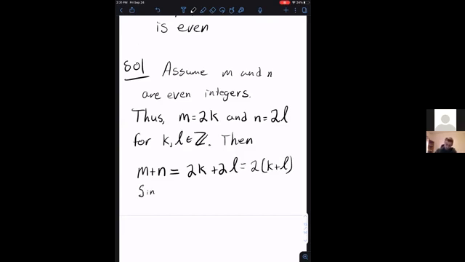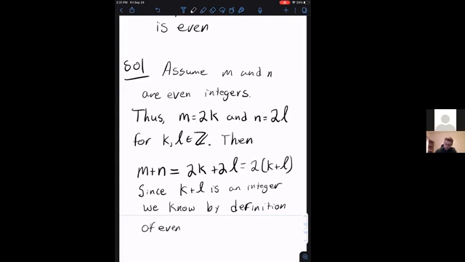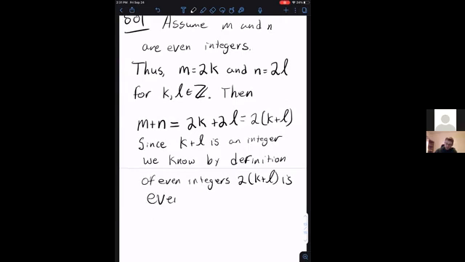And since k plus L is an integer, we know by definition of even integers, 2 times (k plus L) is even. Done. You could put a little box at the end. I have a colleague who loves cats, so they put a little cat at the end of theirs. A box just means this is the end of the proof.